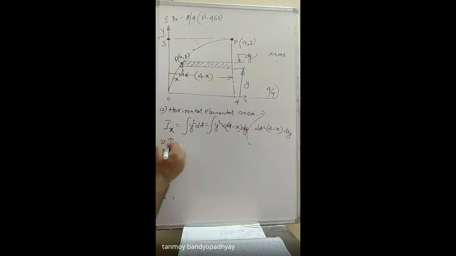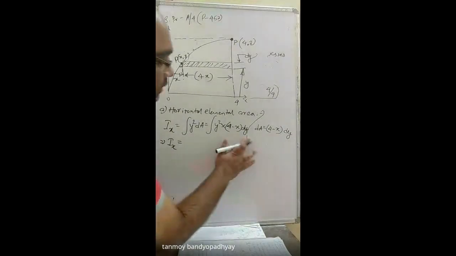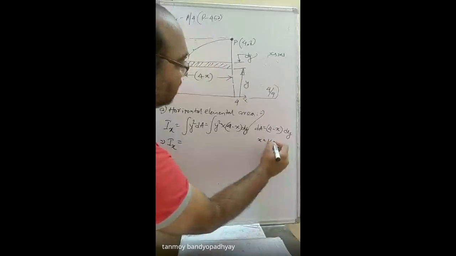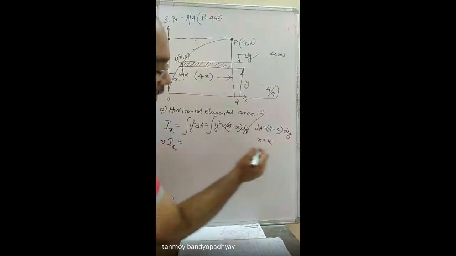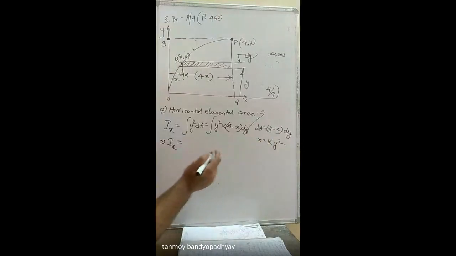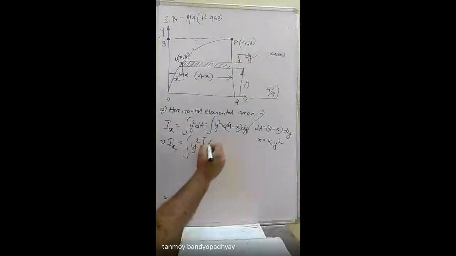So now if we do a variable substitution, see y or x, anyone we have to eliminate. From the equation of the curve, since it is in dy, x is equal to ky square. So I can eliminate x, so x will be equal to ky square. So if I put the values here, it should be y square into 4 minus x.